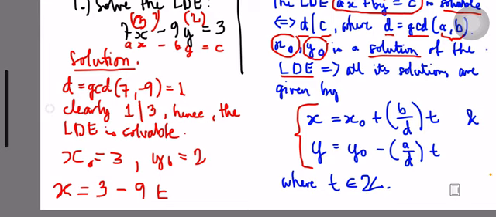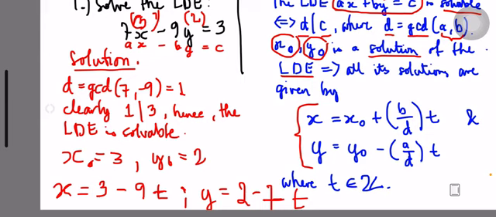Next up is our y values. Our y is going to be our first solution for y sub 0, that's 2, minus. Our a is positive, so we're going to make it negative. So 2 minus 7 over 1, that's going to give us 7, and then multiply that by t.